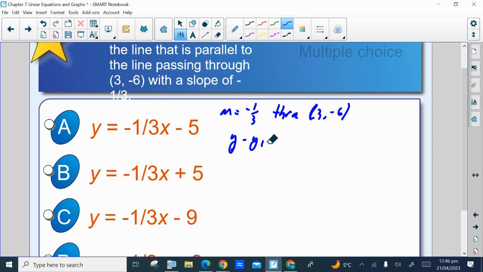And the easiest way to do this is use that point slope form. y1 will be the y coordinate at the point, which is -6. And that equals -1/3 bracket x minus x1, which is 3.